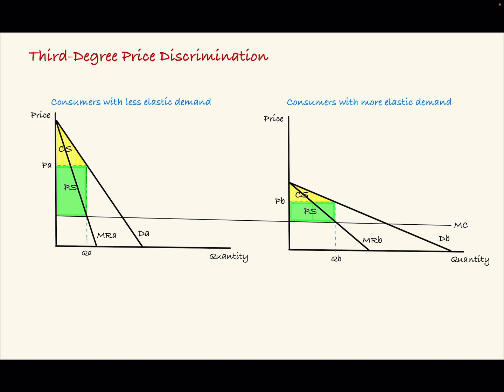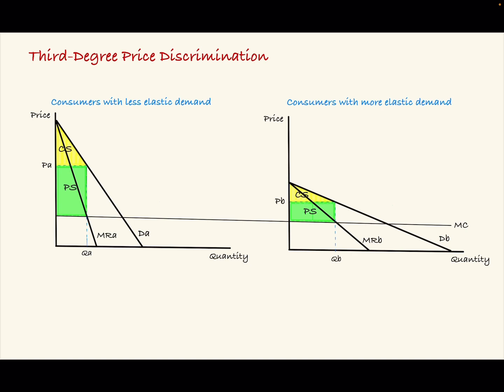That means that the marginal cost also represents the lowest price producers are willing to accept for their good, which is exactly why producer surplus is bounded above by the market equilibrium price and below by the marginal cost curve. For consumers with less elastic demand, producer surplus is bounded by PA and MC.